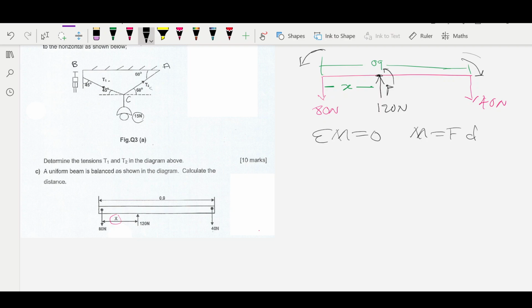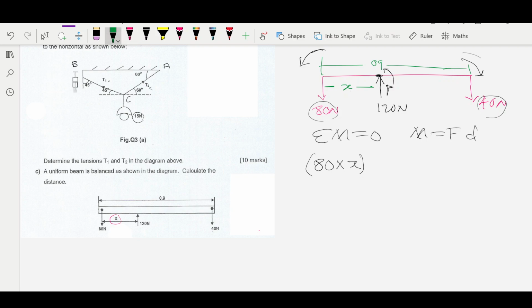So the moment about point P will be the force, which is 80 newtons, times the distance, which is x. So here we're going to have 80 times x.